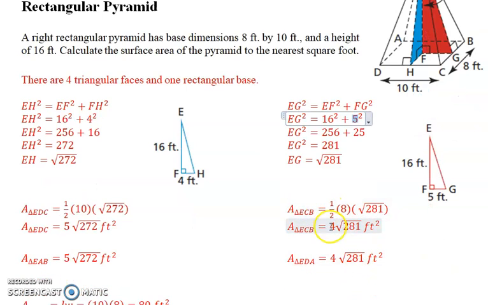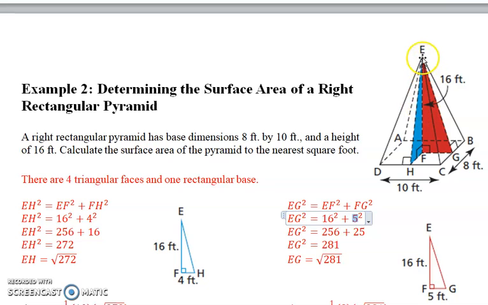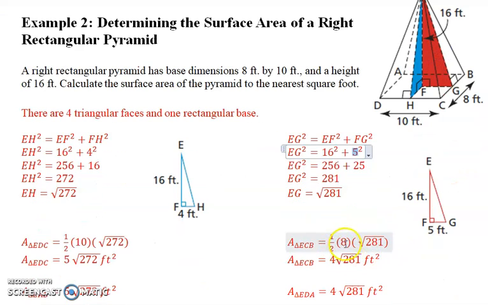So the area of ECB, the side face here, the right-hand side depending on how you're looking at it, is equal to 1/2 of 8 multiplied by the square root of 281. So it's going to be 4 root 281.